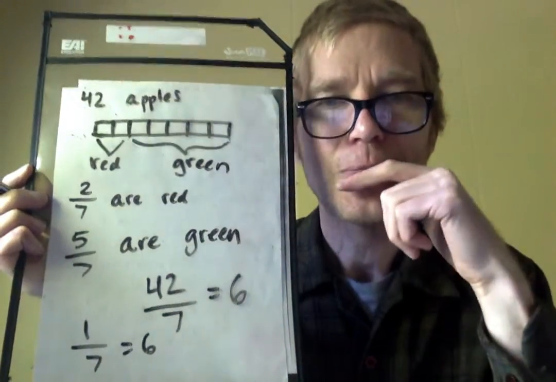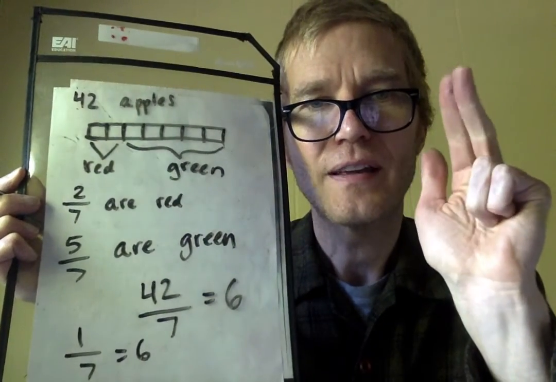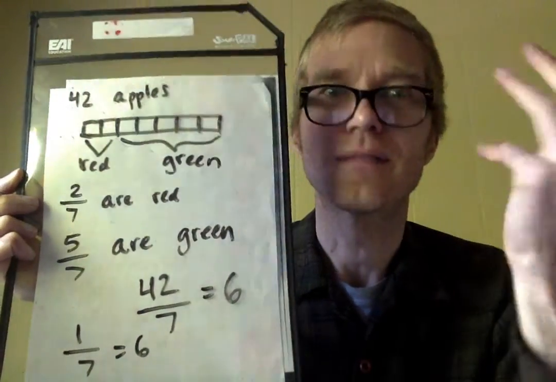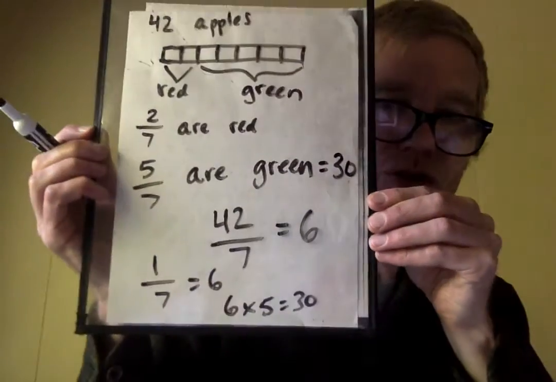What's 6 times 5? 6, 12, 18, 24, 30. There we go. Okay. Everybody makes mistakes, including me, all the time. 6 times 5 is 30. So green is going to be 6 times 5 equals 30. 5/7 of the apples that are green are 30.